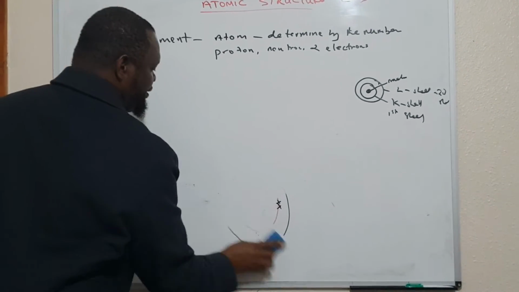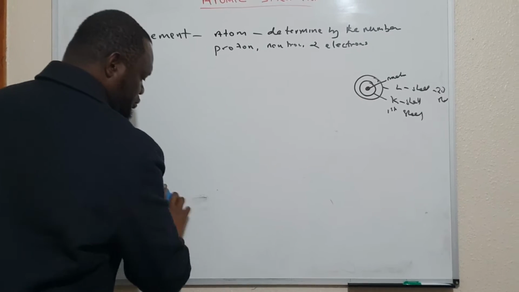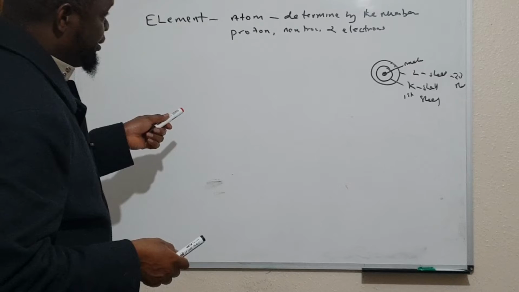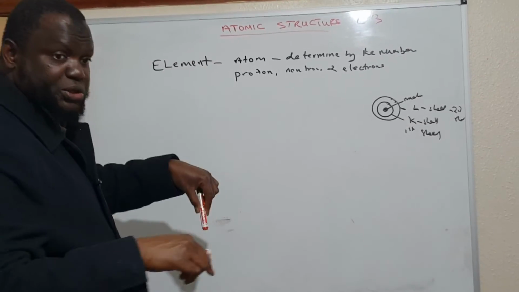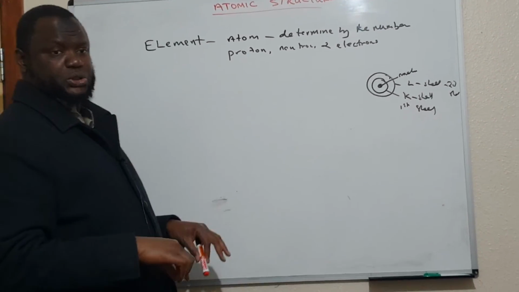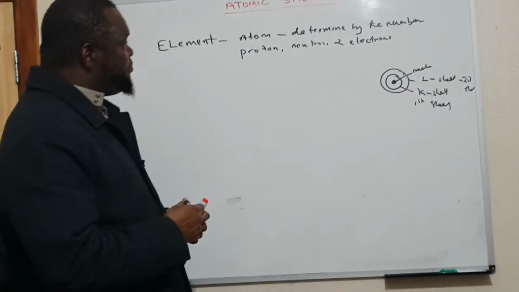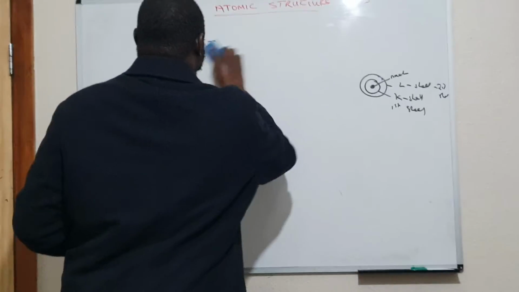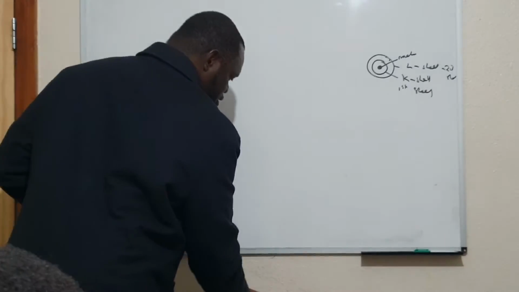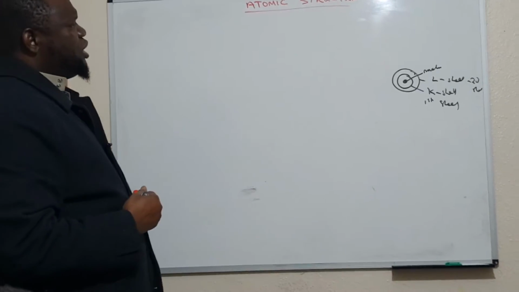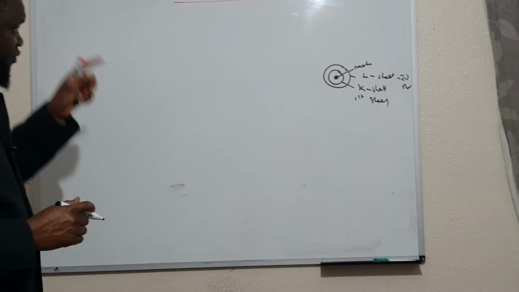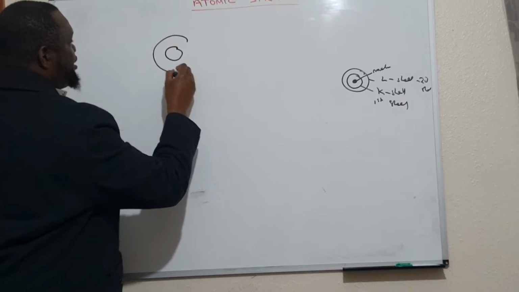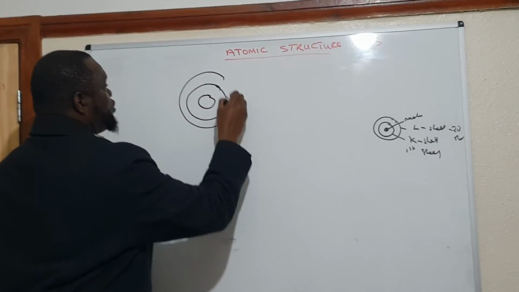Now we can see, therefore, an element, its position is determined by the proton. Okay? That's why elements are arranged in groups in it. Yes, they are arranged in groups. Now, as you know, the structure of an atom can be drawn like this, based on what they call atomic structure.